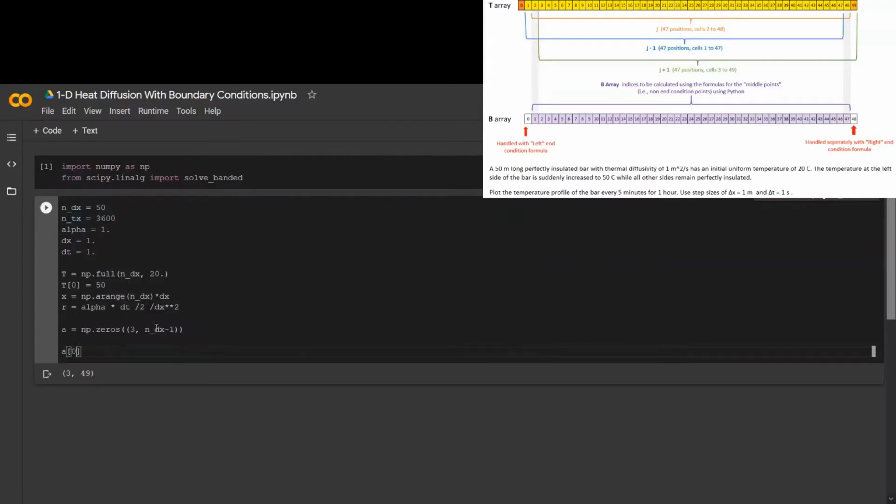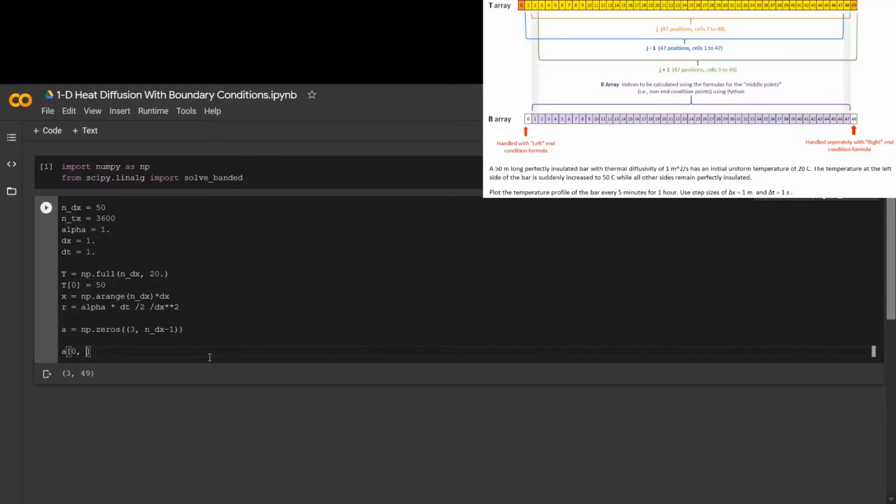Because we have 3 rows here, in our first row, or 0 row, we're going to want a negative r, but remember for where j equals 0, we don't have anything to the left of that.